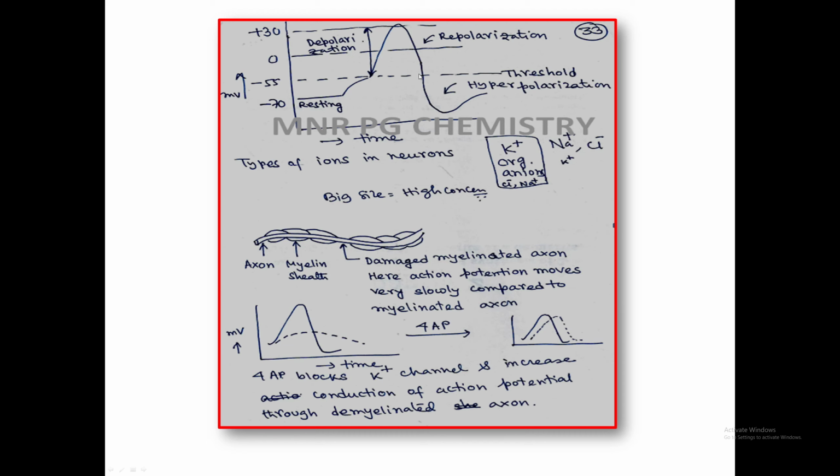Minus 55 is the threshold. It is coming down, even dropping below minus 70, and that is called hyperpolarization. So it is dropping below minus 70, that is hyperpolarization.